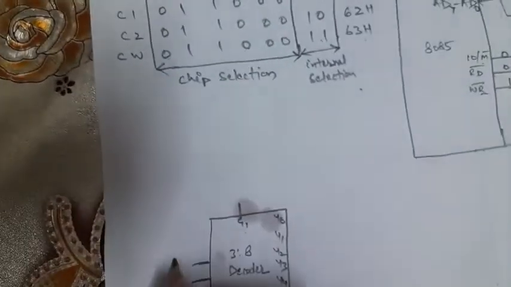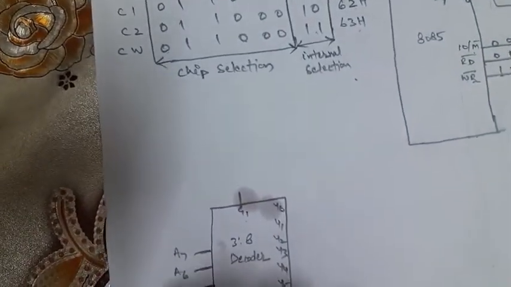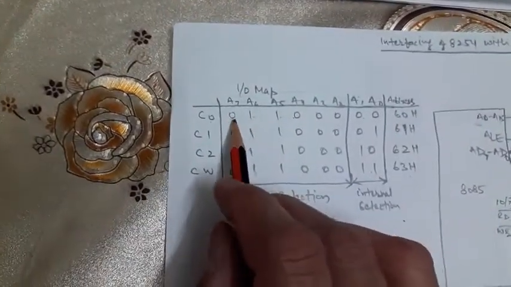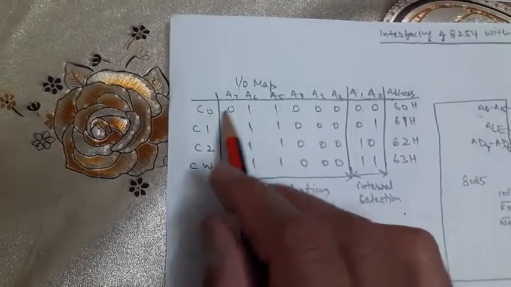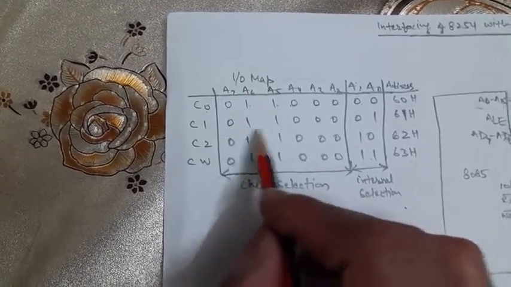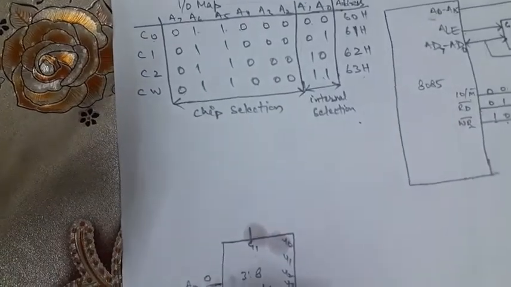So what does it mean? It means we are having 0 1 1 for all these four addresses. What values do we have for A7, A6 and A5? 0 1 1 always. So I have connected 0 1 1.